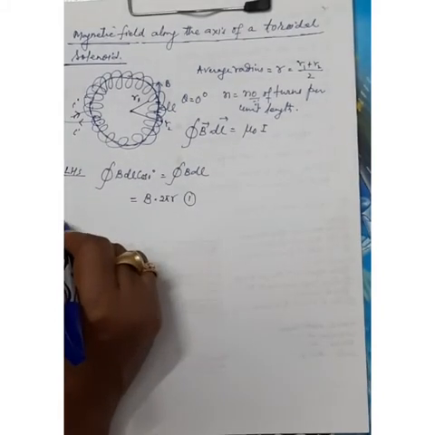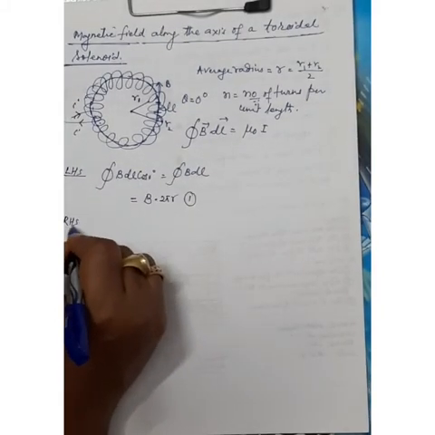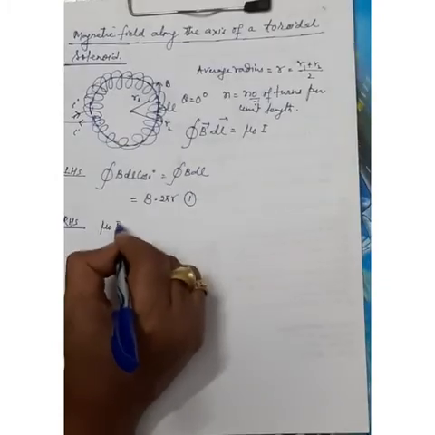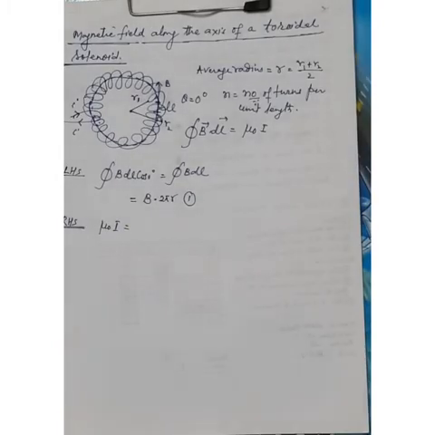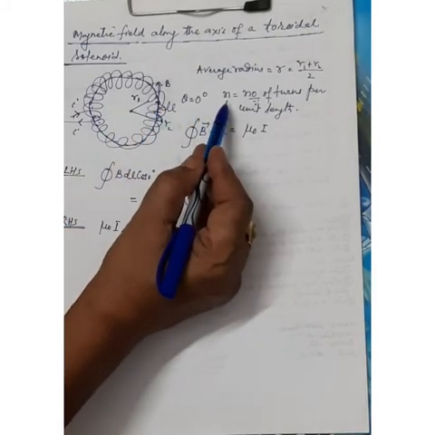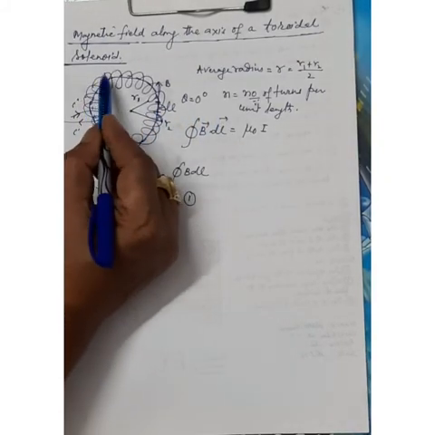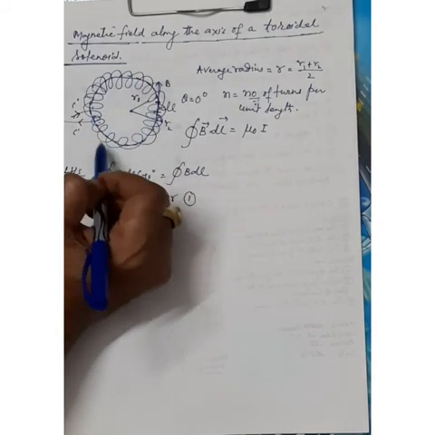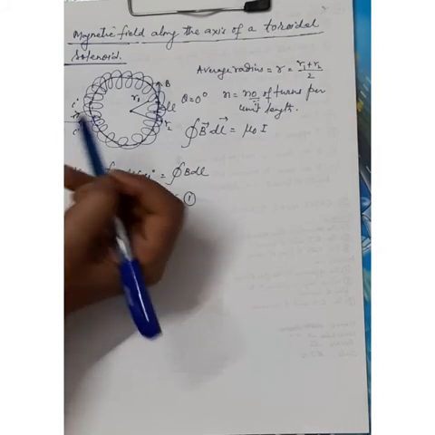Now come to the RHS. Mu naught I. Again, the number of turns per unit length is small n, and the total length of this toroidal solenoid is 2 pi r.